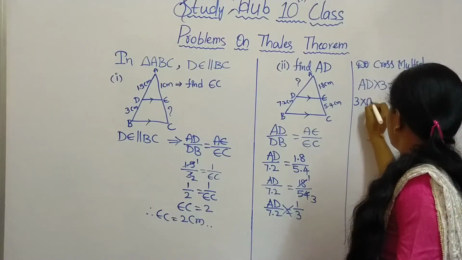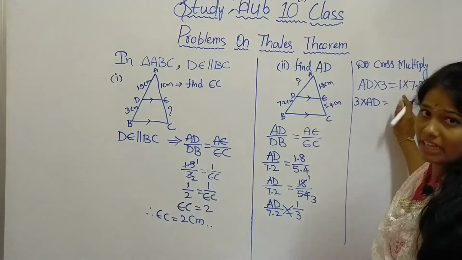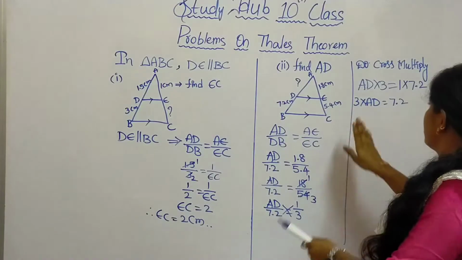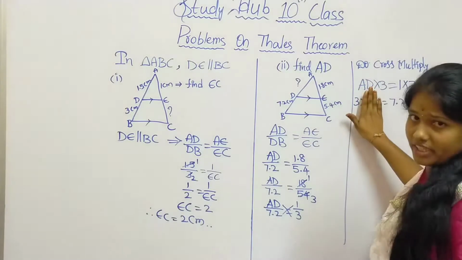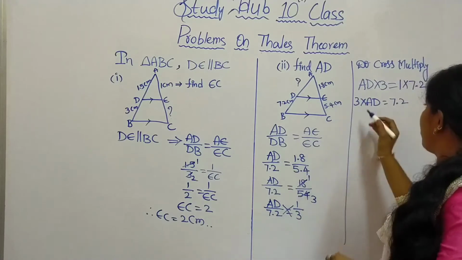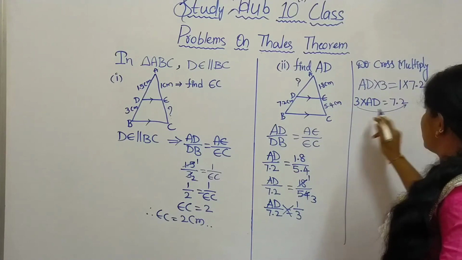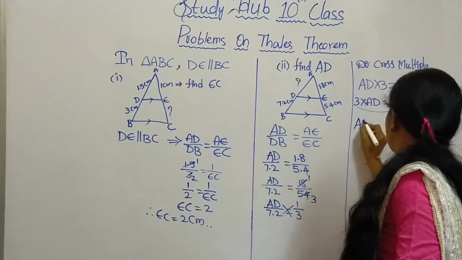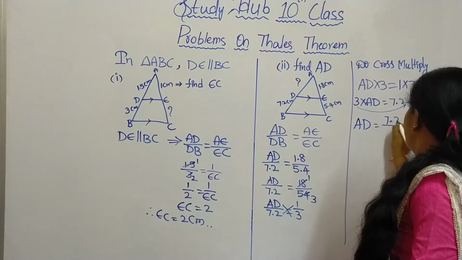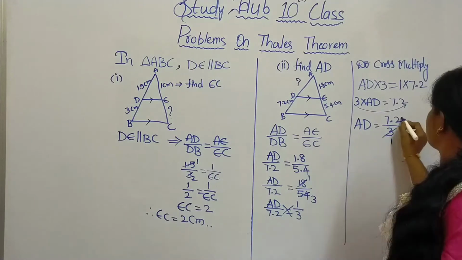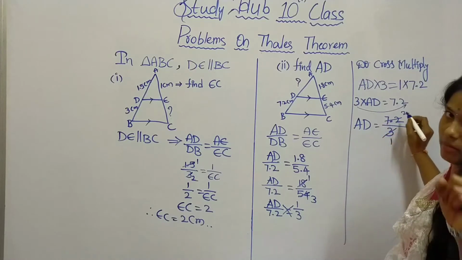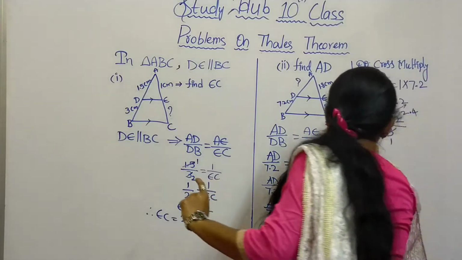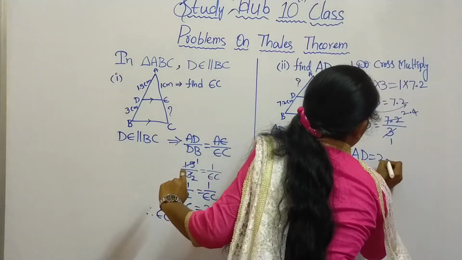So 3 into AD is equal to 7.2 ones are 7.2. Here we need to find the value of AD, so we don't want the 3 on the LHS. By transposing this 3 to the RHS, here it is multiplying, and if we transpose, it gets divided. So AD is equal to 7.2 divided by 3. 3 twos are 6, 1 remains, point, it becomes 12, 3 fours are 12. So the value of AD is 2.4 centimeters.